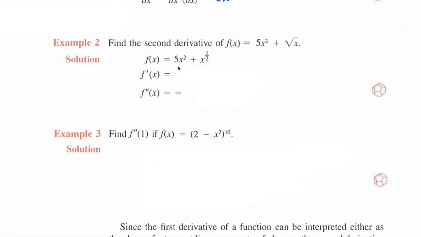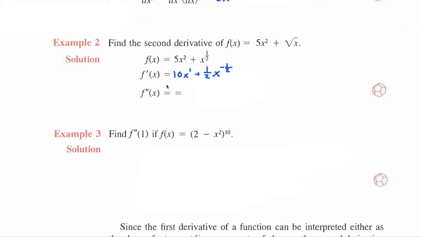We have a constant out in front, multiplied by the 2 that comes down. 2 times 5 is 10. Bring the exponent down by 1. And then here we have 1/2 x, and then 1/2 minus 1 is negative 1/2. Okay, so here is the first derivative of the function.